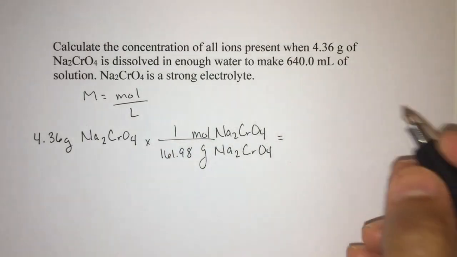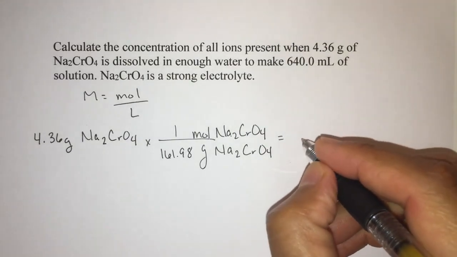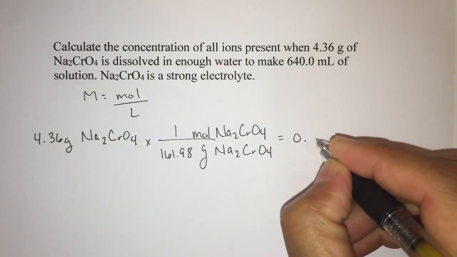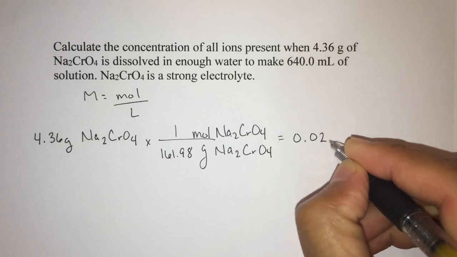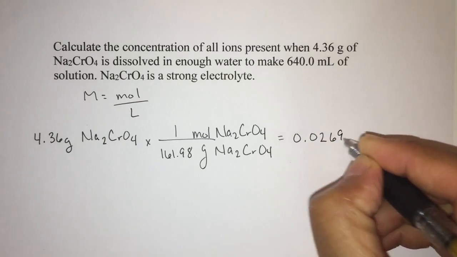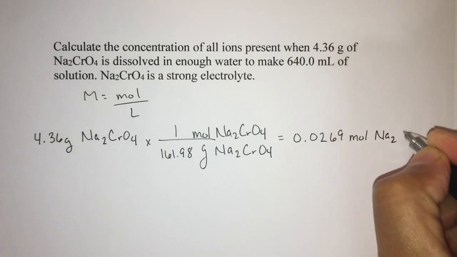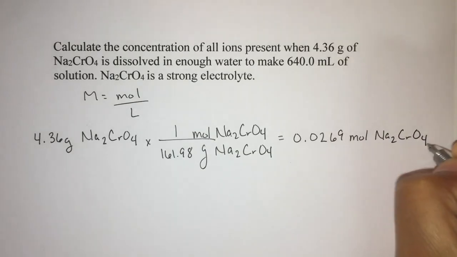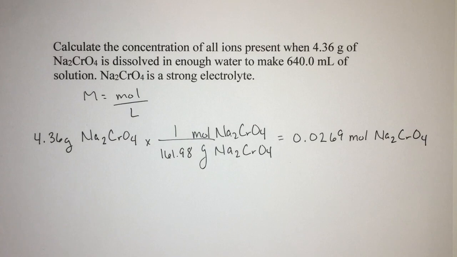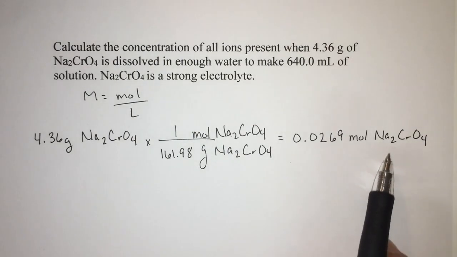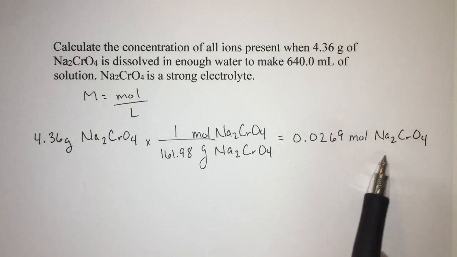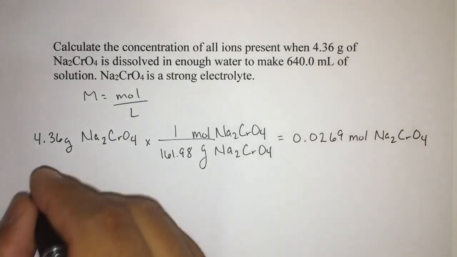And so what we've done here is convert to the moles of the sodium chromate. Okay, now that we have the moles of the sodium chromate, now we can go look for the moles of the ions that are present.